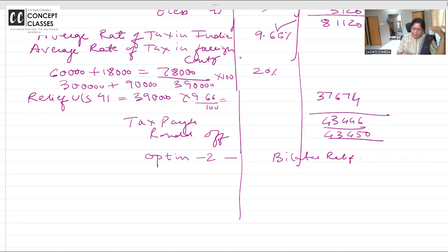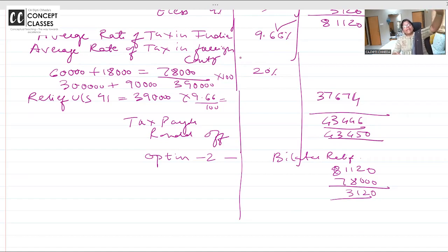Whatever tax you have paid in the foreign country, 78,000, directly you will deduct from 81,120; after subtracting 78,000, whatever tax payable remains, that you will pay. Did you get what I am saying? If it is bilateral relief, either that foreign income is completely exempt, or taken for rate purpose, and whatever tax you have paid in the foreign country, fully you deduct. This is bilateral. But if there is no relief, then it is unilateral. So problems, we will stop here.